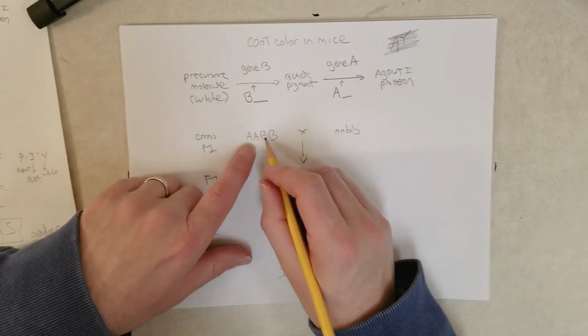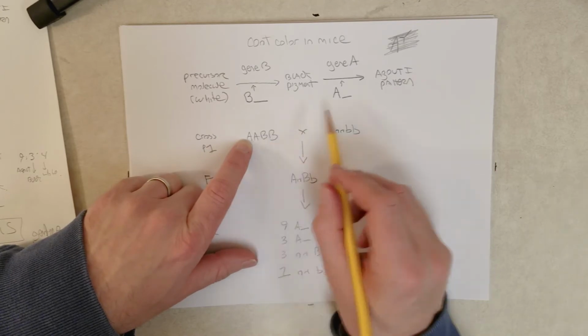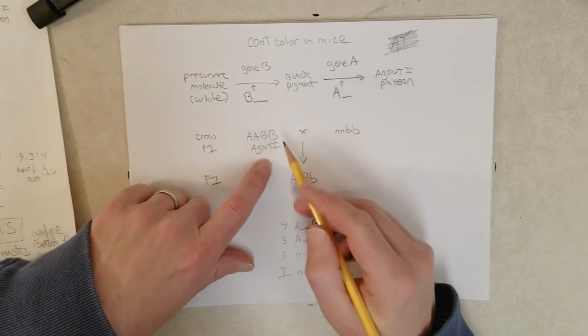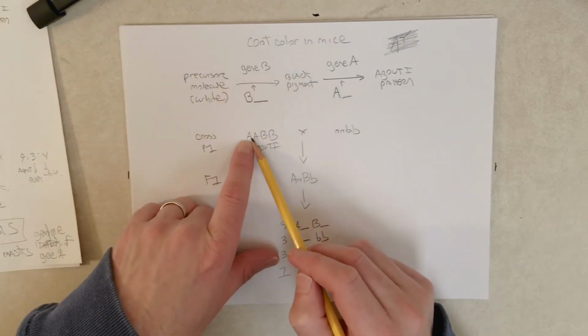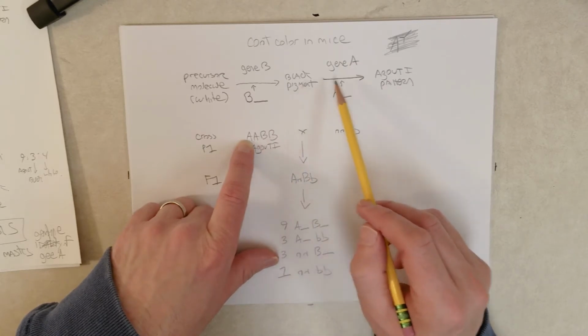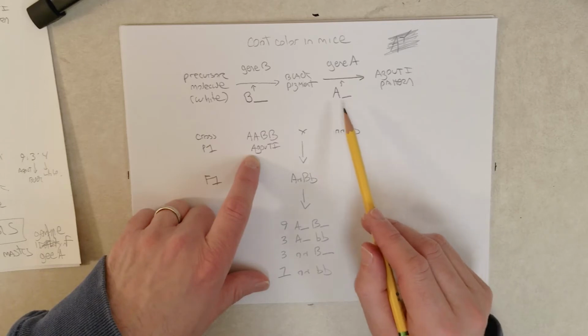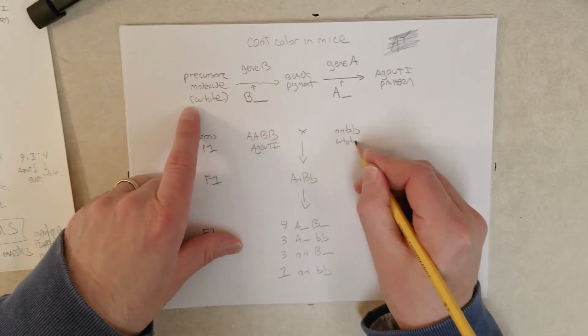So this one right here, because it has at least one big A allele and one big B allele, should have the agouti pattern. The big B allele allows it to make the black pigment. The presence of a big A allele allows it to take the black and make the agouti pattern. This one right here has neither A nor B, so it's stuck with the white fur color.